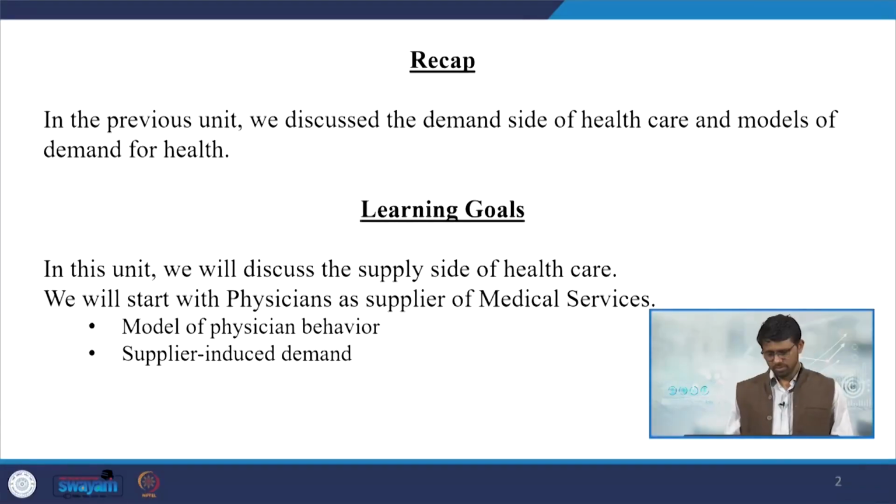So, we will just give you a very brief recap that is all about the demand side healthcare and the different models of demand for healthcare. In this unit, we will discuss the supply side factors or supply side modeling. We start with physicians and their role as the supplier or the most important supplier of medical services. Hence, we will model the physician behavior and also supplier induced demand.